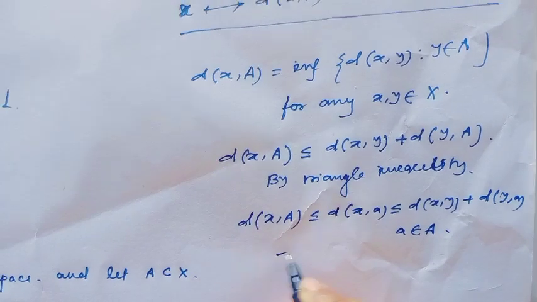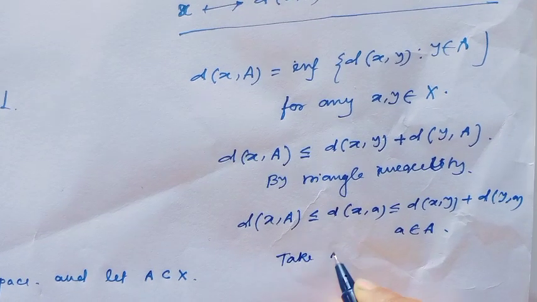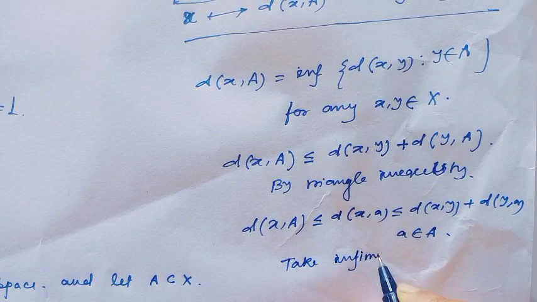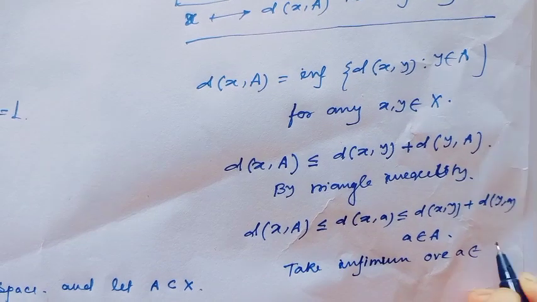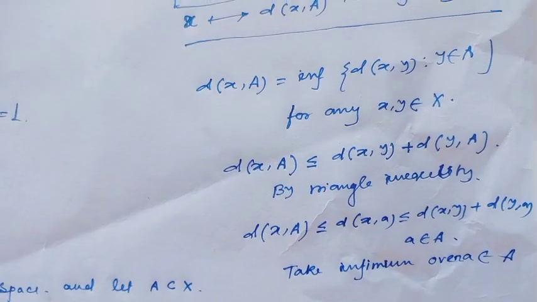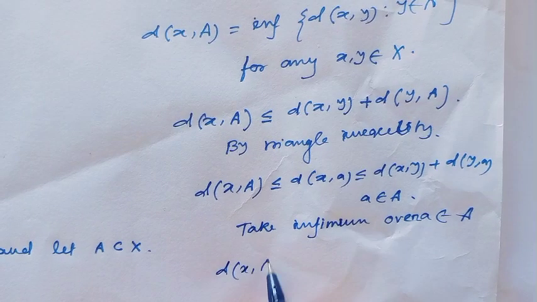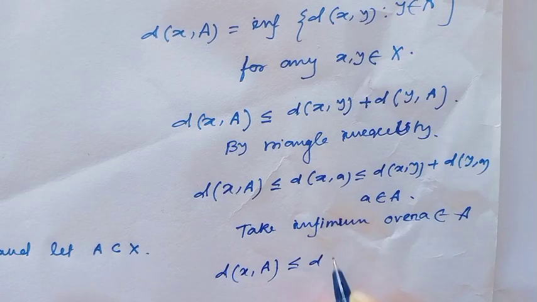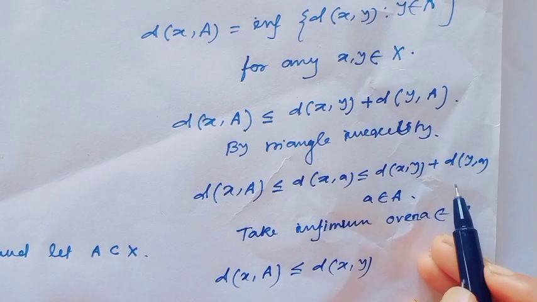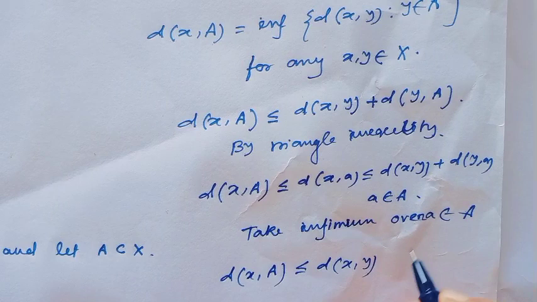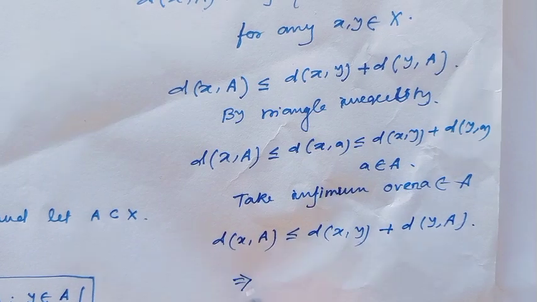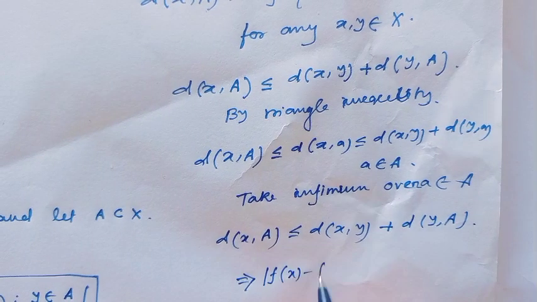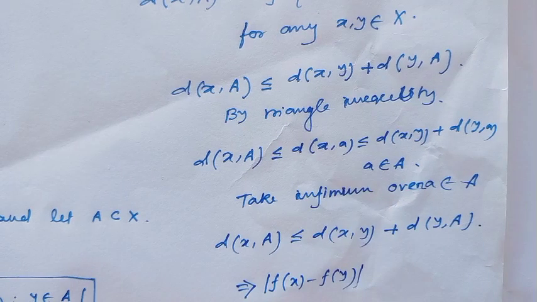Now take the infimum over the set small a belonging to capital A. Then d(x,A) is less than or equal to d(x,y) plus d(y,A). Now, to prove uniform continuity, consider the absolute value of f(x) minus f(y).